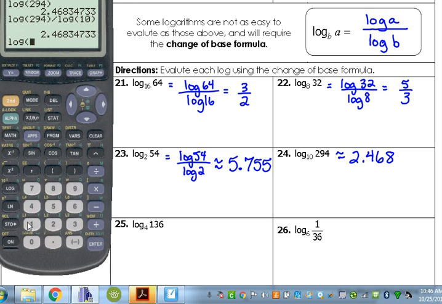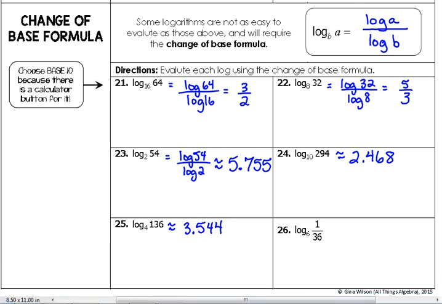Okay, the last few, I'm just going to type them in instead of writing it over and over again. Log of 136 divided by the log of 4, approximately 3.544. Now, do we really have to use change of base for 26? We shouldn't. What's the answer to 26? -2.